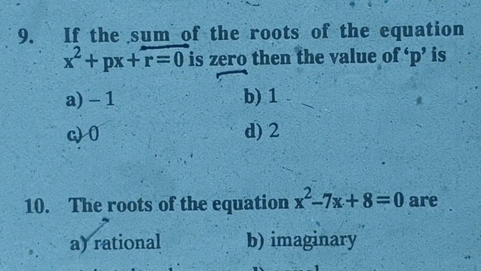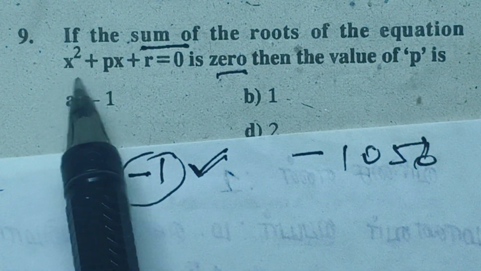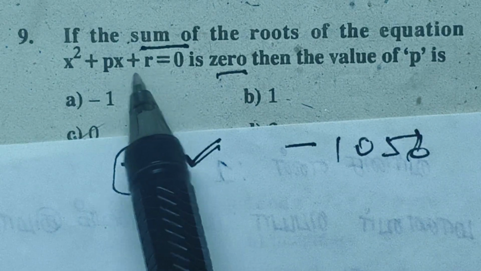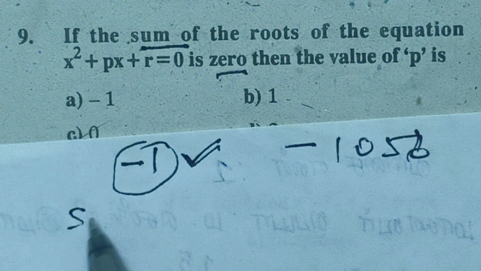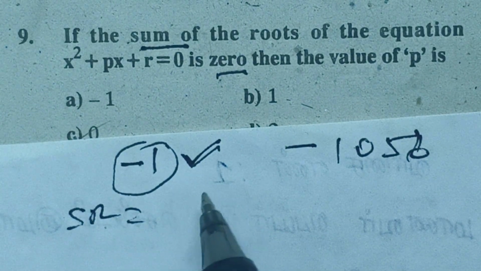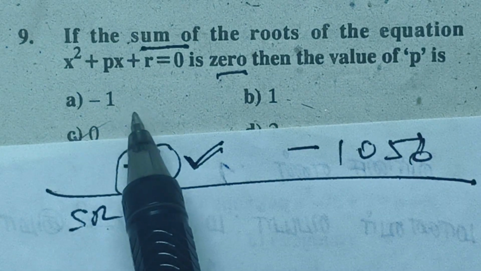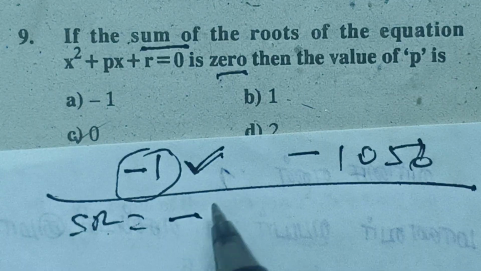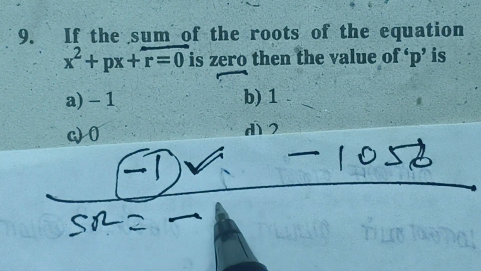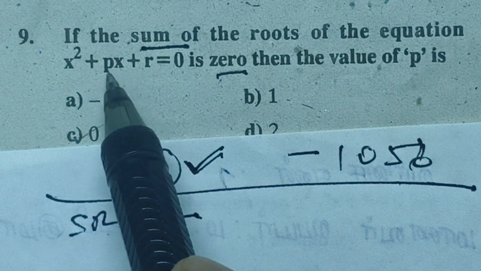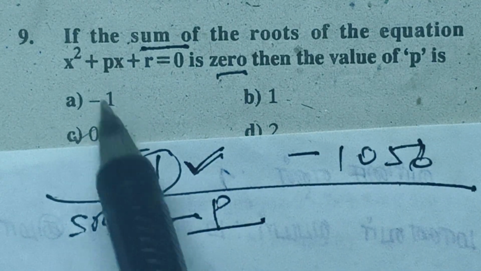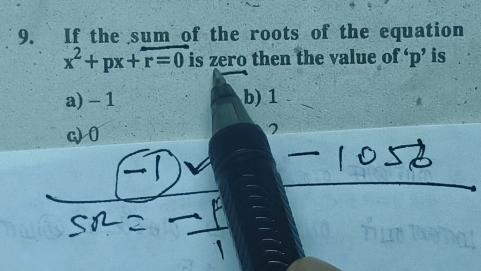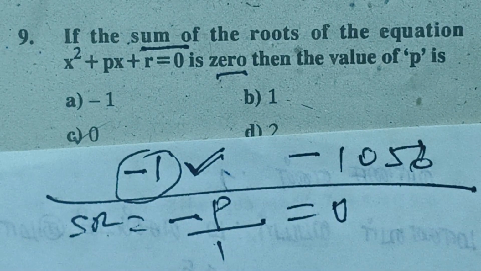Here a is 1, b is p, c is r. Sum of the roots is minus b by a. Minus b here means p. A is 1. Here 0 is given.